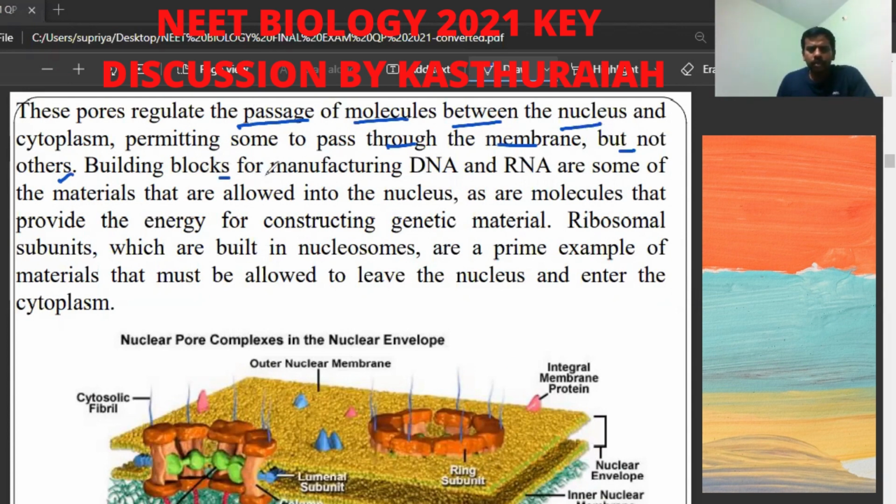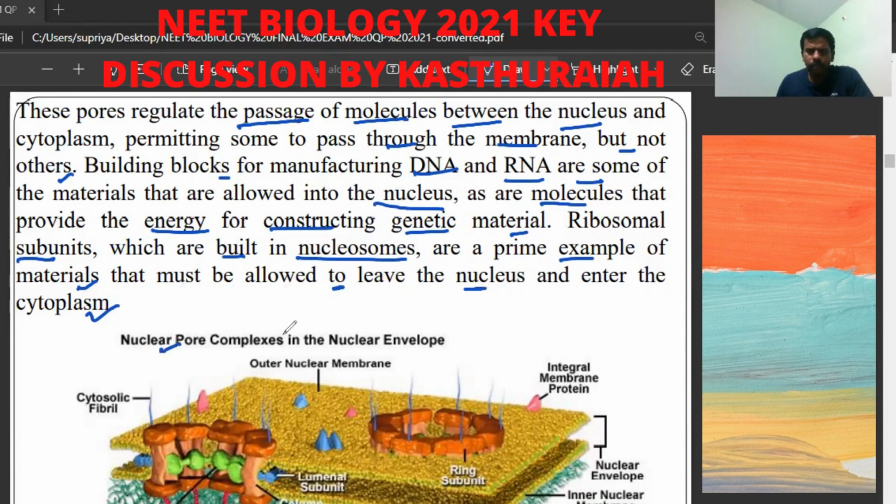The building blocks for manufacturing DNA and RNA are some of the materials that are allowed into the nucleus, as are molecules that provide the energy for constructing genetic material. Ribosomal subunits, which are built in nucleoli, are a prime example of materials that must be allowed to leave the nucleus and enter the cytoplasm.